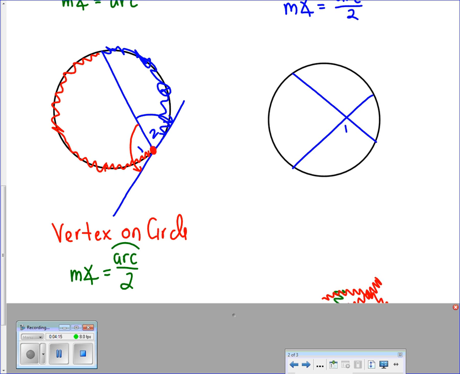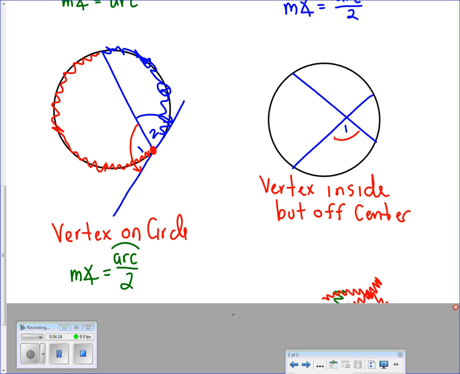Then we ended up with a vertex on the inside off center. And when that happens, we find that angle 1, whatever this measure is, is identical to the measure on this other side. Can you think of the reason why? It's because they're vertical angles. So whatever that angle is, angle 1, it cuts this arc, but its cousin cuts this arc as well.